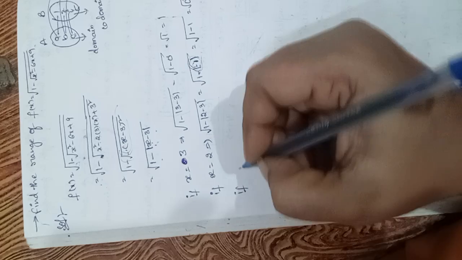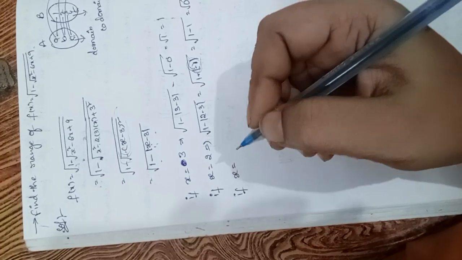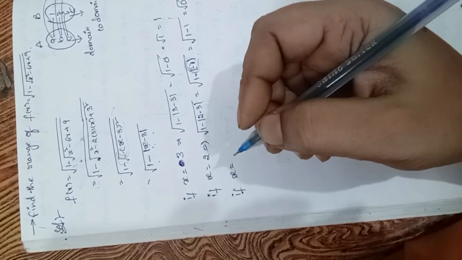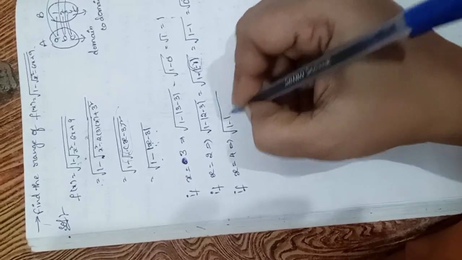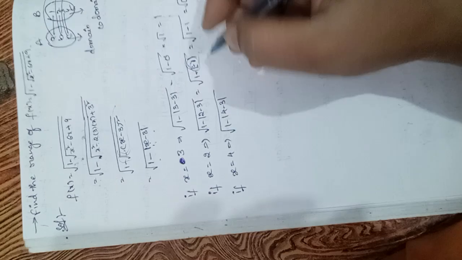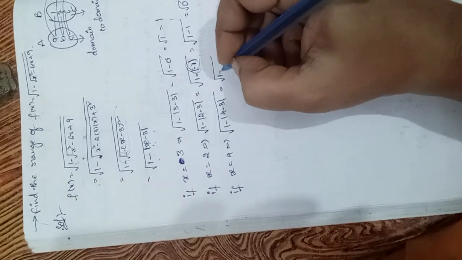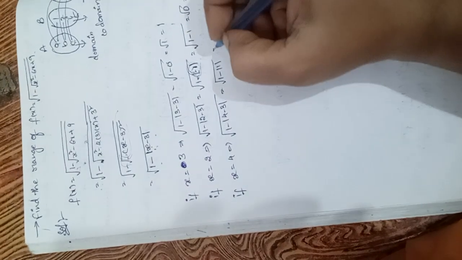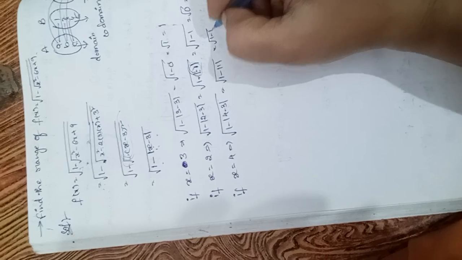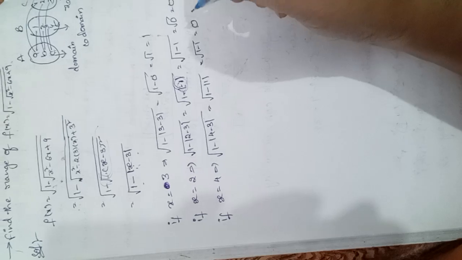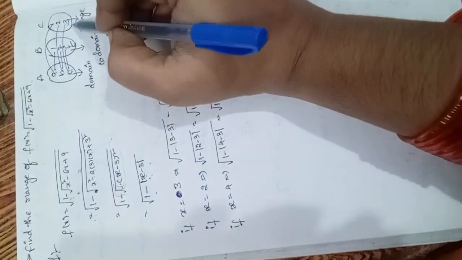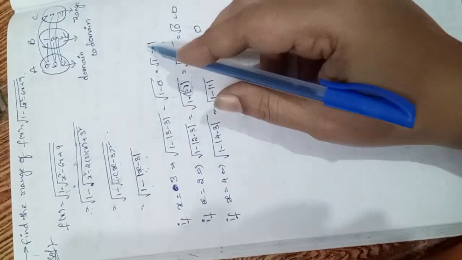And one more, if I take x equals 4, root 1 minus mod 4 minus 3 equals root of 1 minus mod 1 equals root 1 minus 1, which is equal to 0. So what you observe here, the range is nothing but the elements.